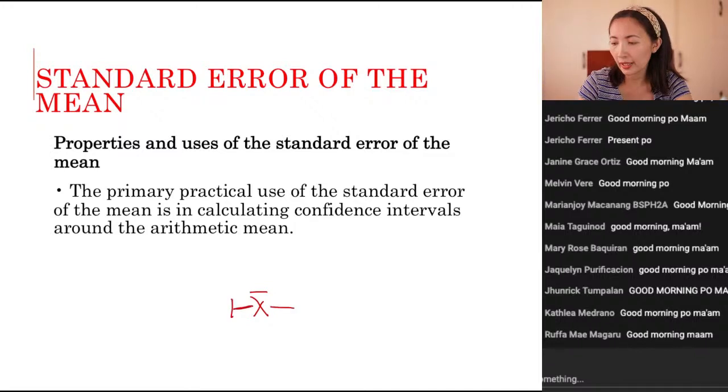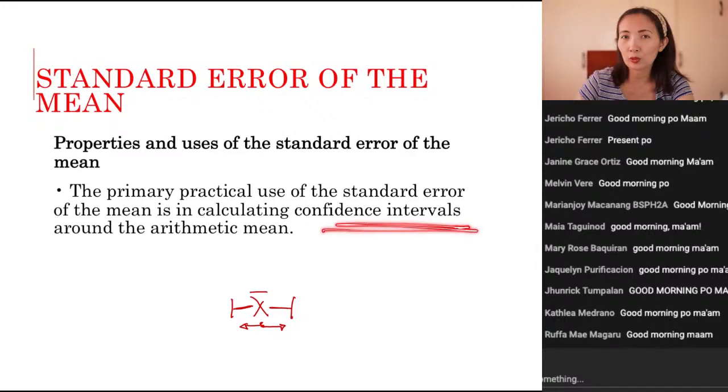It could either be below this value, meaning to its left, or above this value, to its right. Therefore, we have to establish an interval.